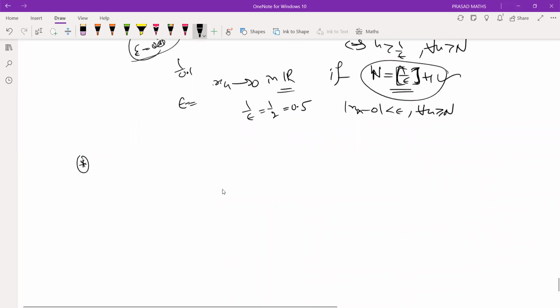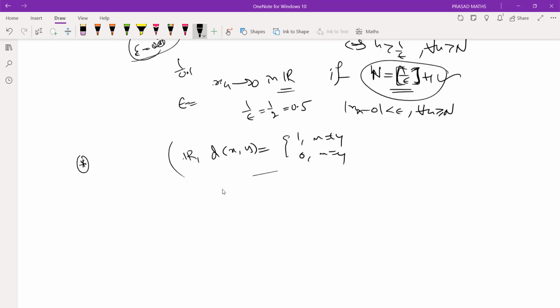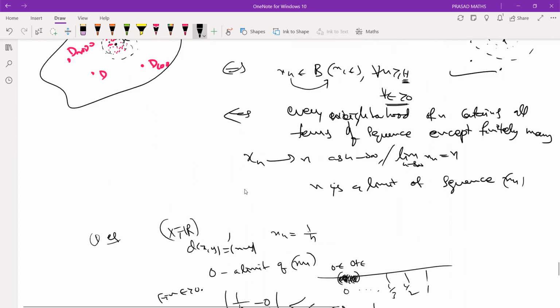Right? Suppose you take any set, a discrete metric space. Question: suppose the same sequence xn equals 1 by n. Does it converge?